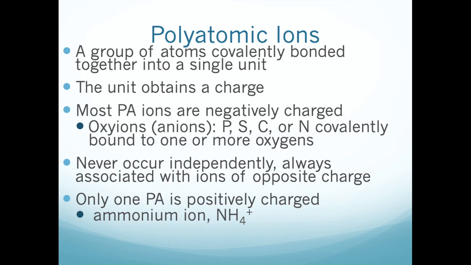All right. So typically, the most common polyatomic ions you'll come across are what we call oxyions. These are nonmetals, things like nitrogen or carbon or sulfur, phosphorus, combined with one or more oxygens, and these are typically negatively charged ions. So you'll see, for example, nitrate has a nitrogen combined with 3 oxygen atoms, and that whole thing has a -1 charge.